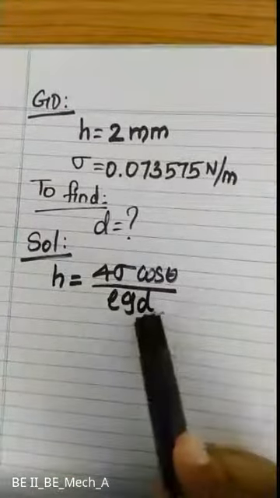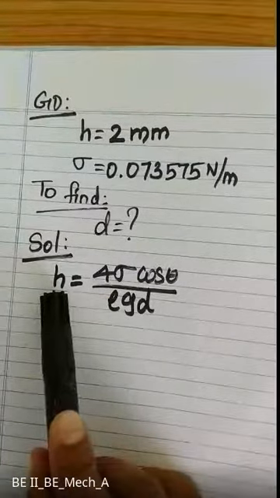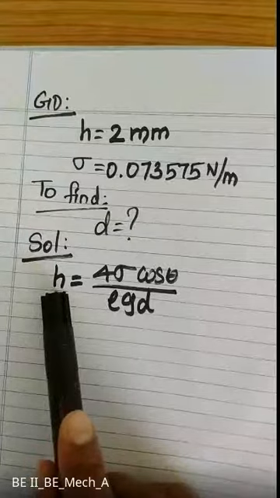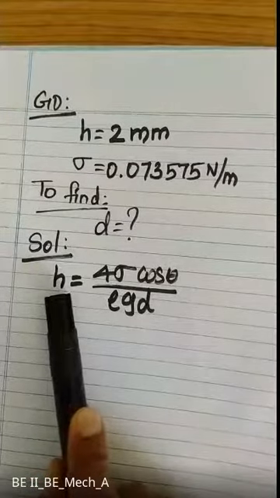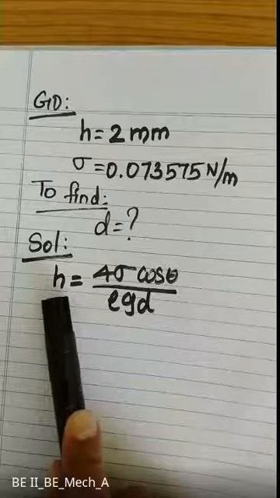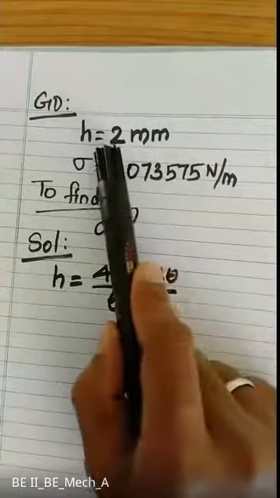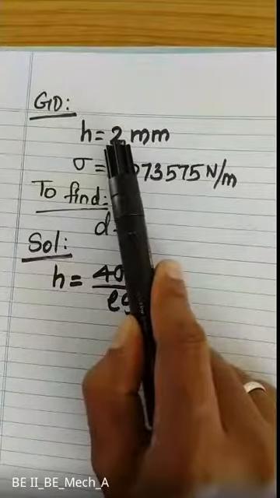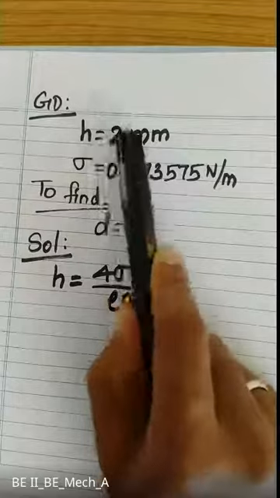Here you have to find the diameter. So the capillarity value is available. In some problems, please make a note of this, they will give you that the capillarity fall is 2 mm. If they mention it like that, then you have to use H is equal to -2. But in this problem, it is a capillarity rise, so you can directly use it as a positive symbol.